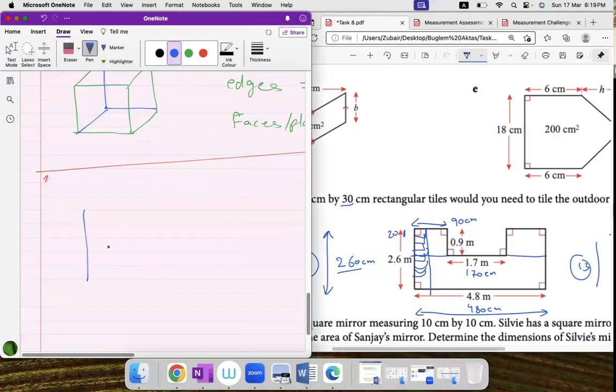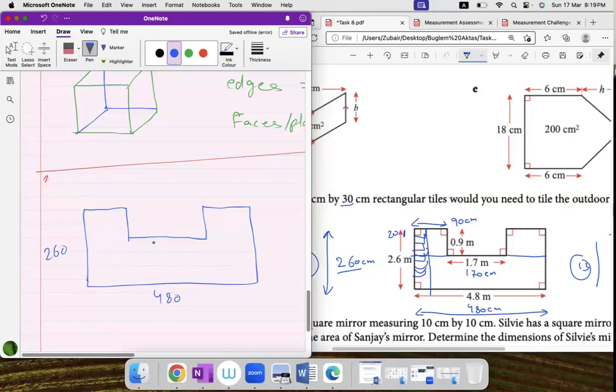3.1, we have to divide into two of the spots, right? Or can we just do it normally, just dividing it? I just feel like information is missing. This is 480. This is 260. This is 170. This is 90 centimeters, 90 centimeters.